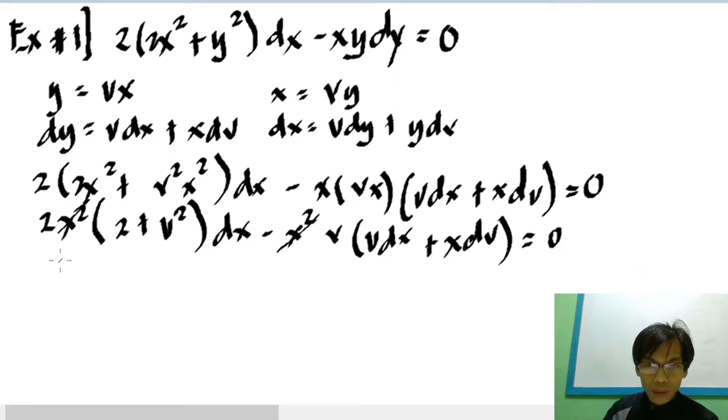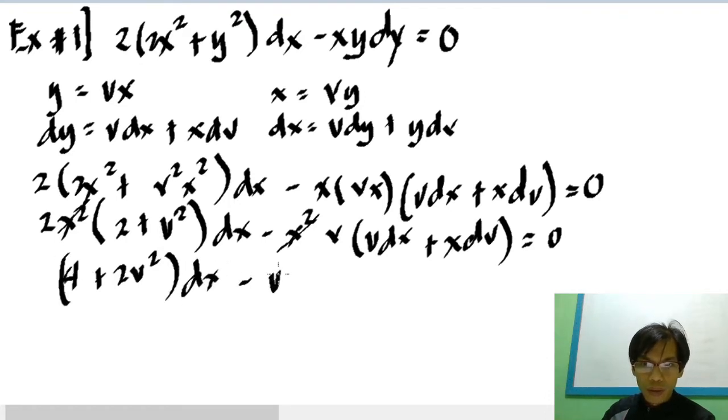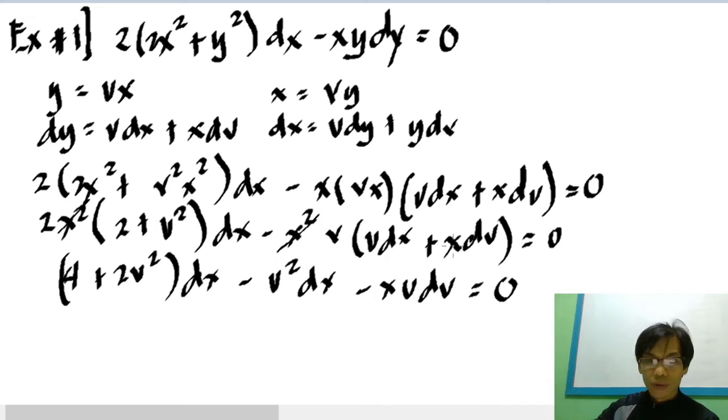Now, if we try to distribute that one, so we have 4 plus 2v squared dx minus v squared dx minus xv dv equals 0 by just multiplying these terms.